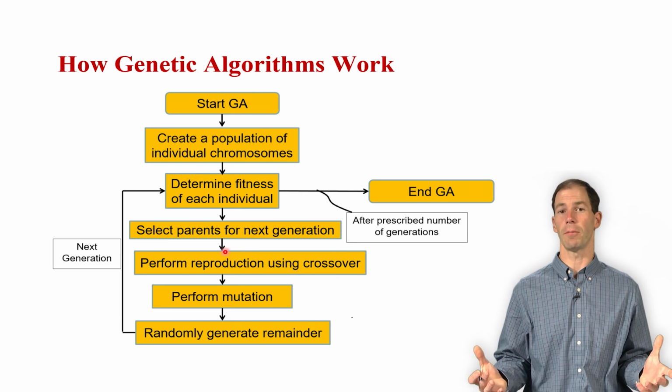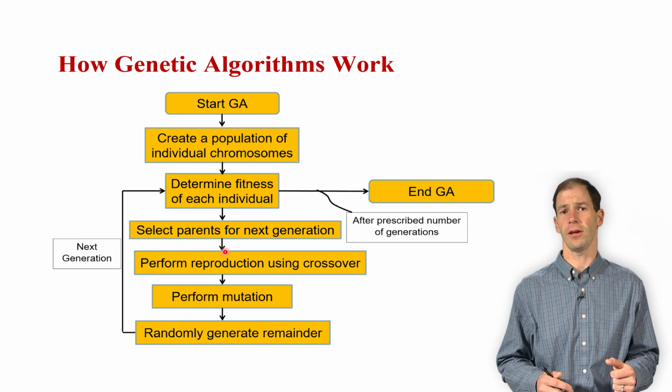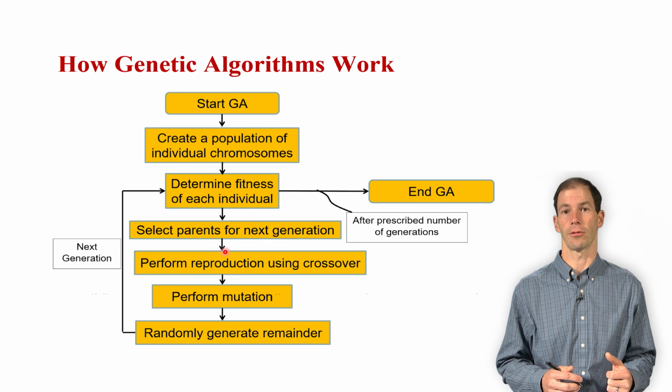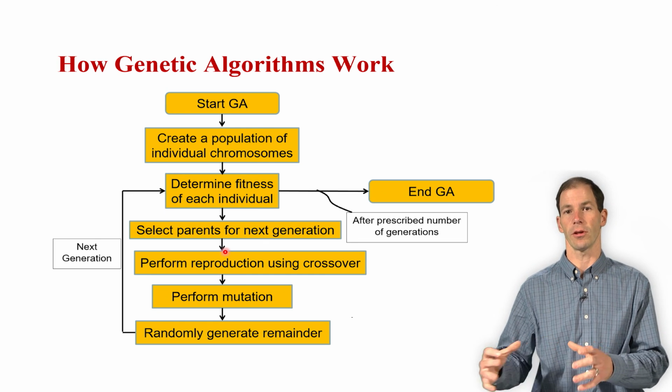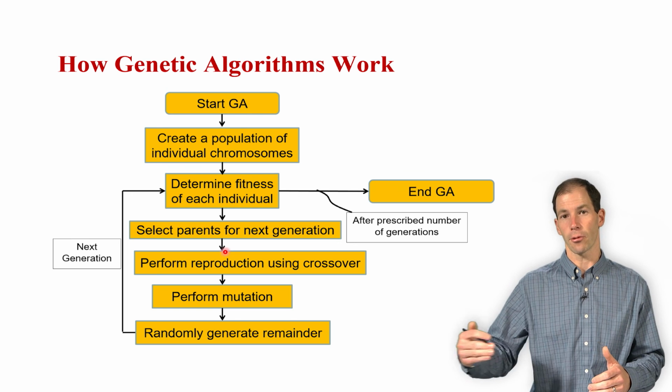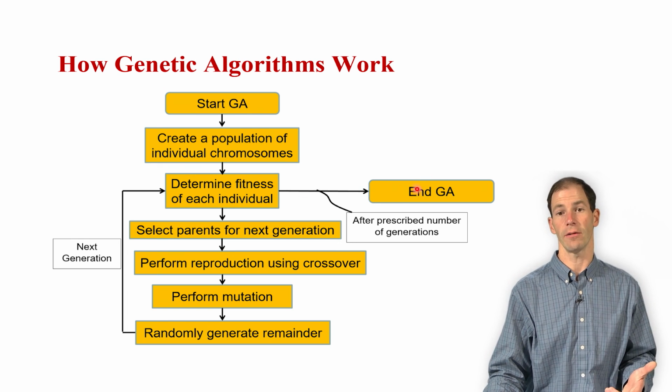Very often we might have a population of, say, 100 individuals and maybe 50 generations. So I would be making 100 times 50 individual evaluations, hopefully improving as I go, to the point where, once I've gone through 50 generations, I'm going to end the genetic algorithm.